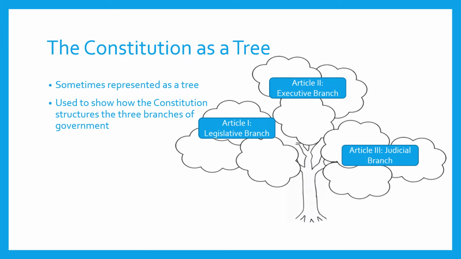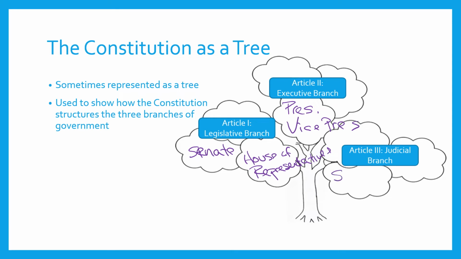So we hang each of those on a part of the tree, and then sometimes we'll put under it that, say, the executive branch has a president and a vice president, and the legislative branch, which is Congress, has the Senate and the House of Representatives, and that the judicial branch has the Supreme Court and lower courts.